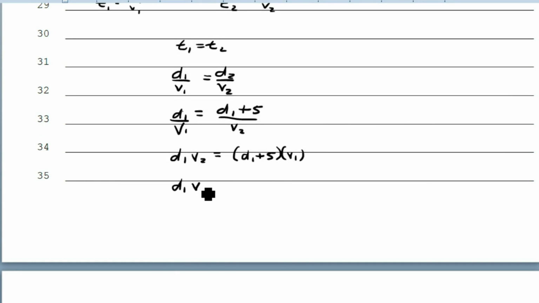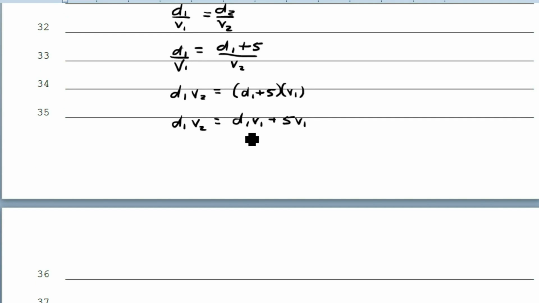We'll get D1 times V2 equals D1 times V1 plus 5 V1. We're solving for D1, so move everything with the D1 over to the left side. That means subtracting D1 V1 from both sides, so we have minus D1 V1 plus D1 V2, and it'll equal 5 V1.